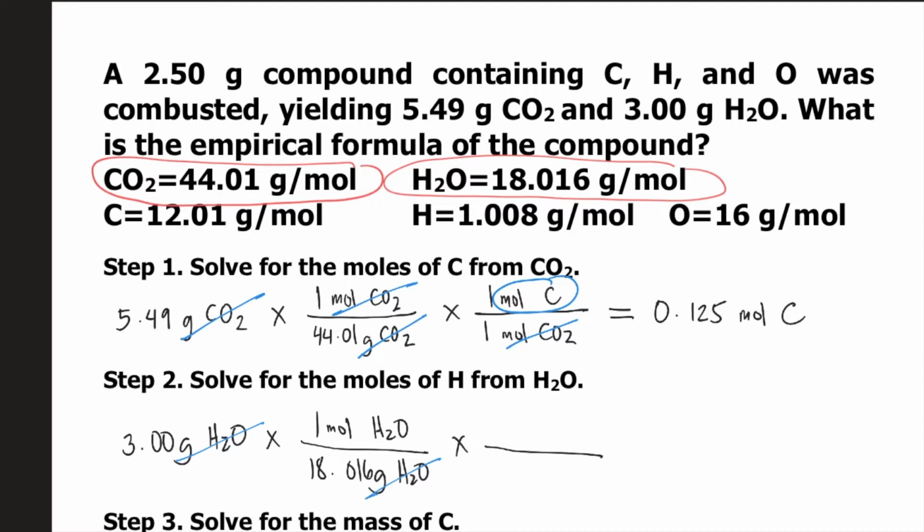So just by looking at the chemical formula of water, H2O, that means 1 mole of water has 2 moles of hydrogen. So the moles of H2O cancels out. Now we are left with moles of hydrogen. And if you solve this in your calculator, you will get approximately 0.333 moles of hydrogen. So again, that's for step 2.